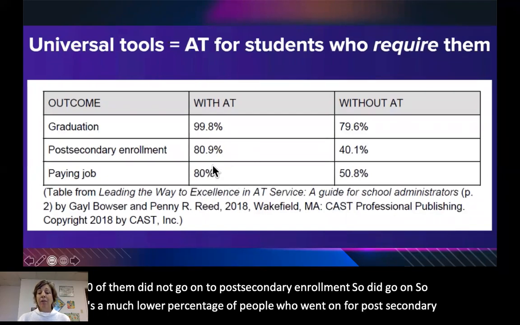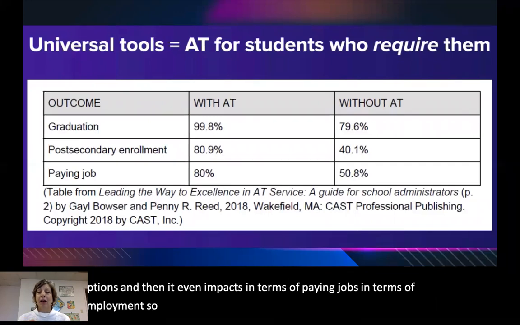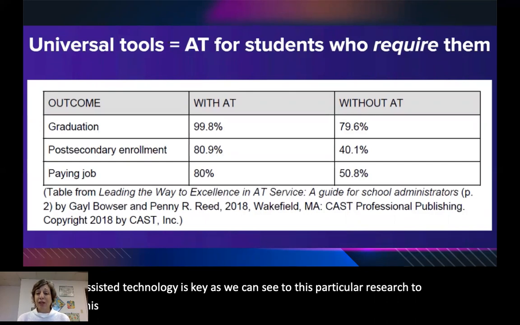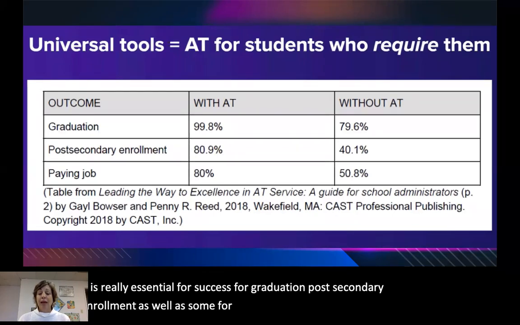It even impacts paying jobs, employment. So exposing our students to their appropriate assistive technology is key, and it is essential for success, for graduation, post-secondary enrollment, as well as for employment. Keep that in mind.